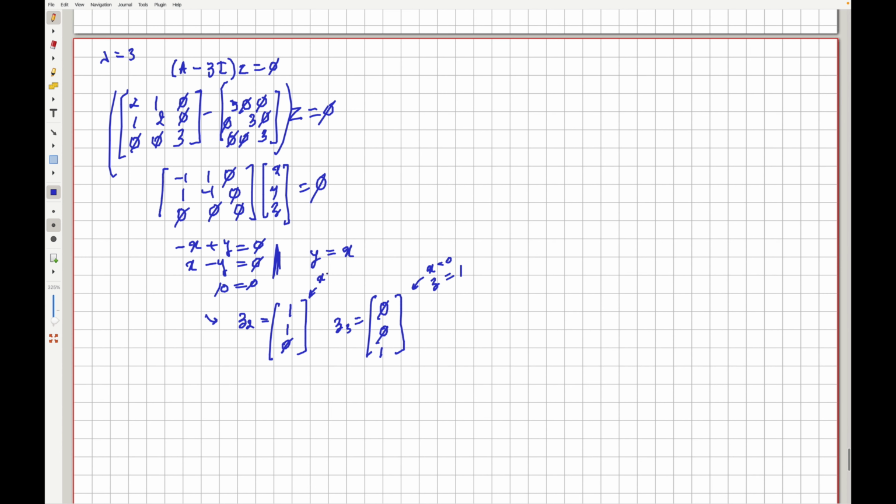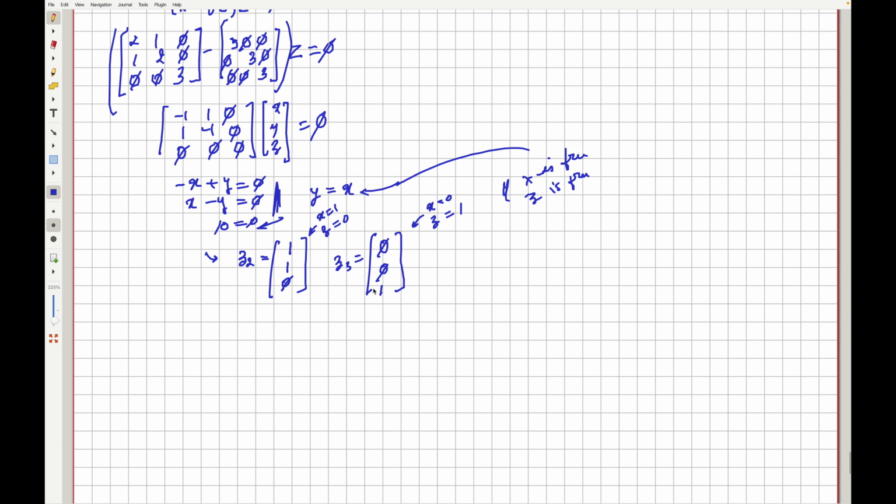We can do that because in this particular example, x is free and z is also free, since y is equal to x and we get 0 is equal to 0 right there. So with that calculated, what we can do next is build our matrix for z.